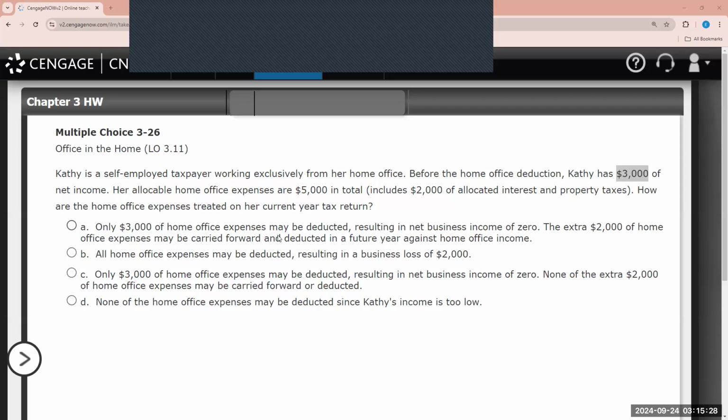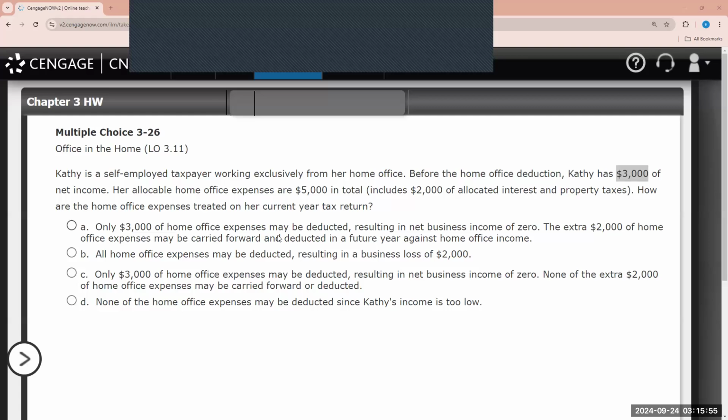B, all home office expenses may be deducted, resulting in a business loss of $2,000. That is incorrect, because again, home office expenses cannot generate a business loss. C, only $3,000 of home office expenses may be deducted, resulting in net business income of zero. None of the extra $2,000 of home office expenses may be carried forward or deducted.